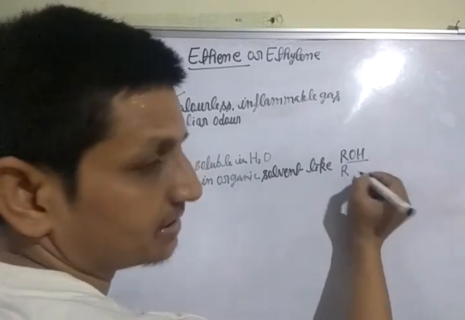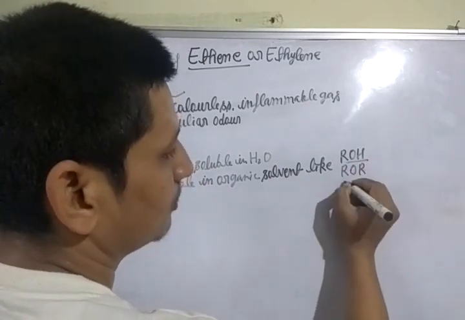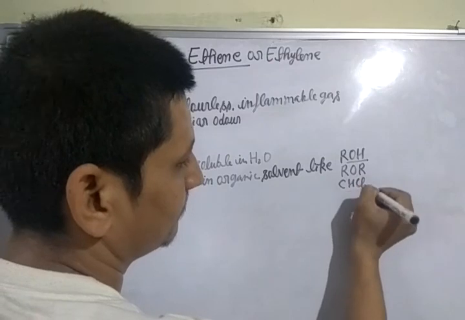Alcohol is ROH, ether is ROR, and chloroform is CHCl3.